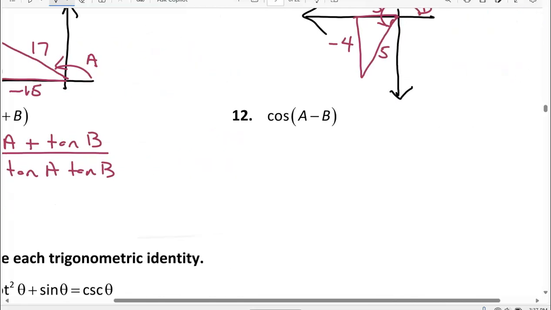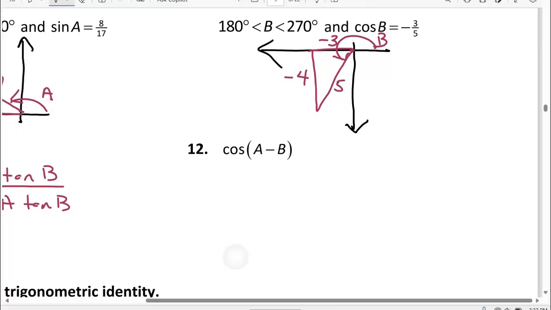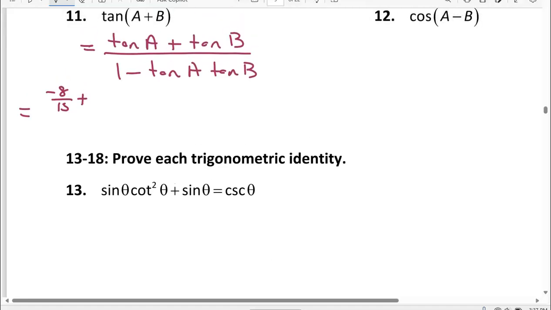Tangent of angle B is opposite over adjacent, so that's -4 over -3, which is positive 4/3. And then downstairs, we use those same values, 1 minus -8/15 times 4/3.